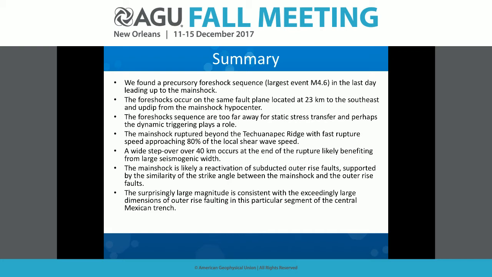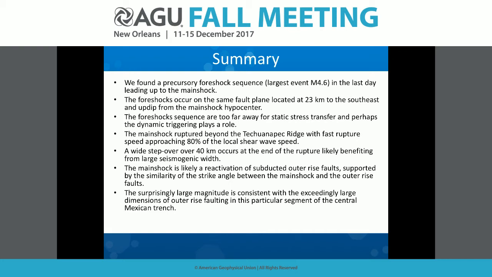Questions? Kelin? Yeah, how does the most productive template compare with the waveform of the main shock? Oh, you mean the template that's most productive in producing the foreshocks?